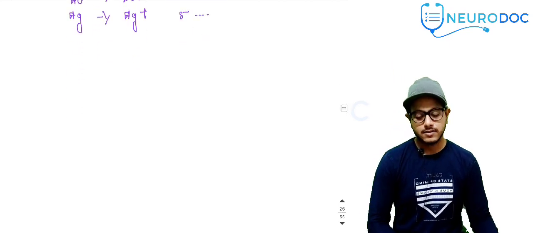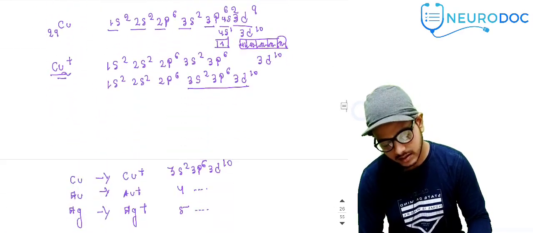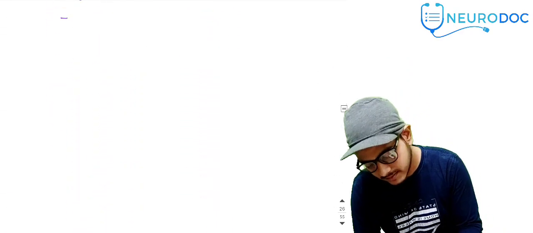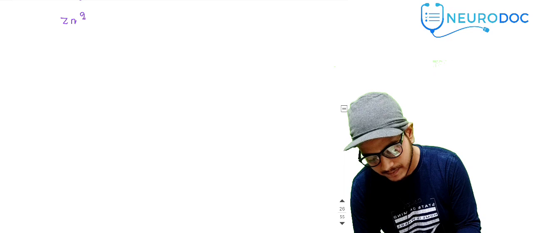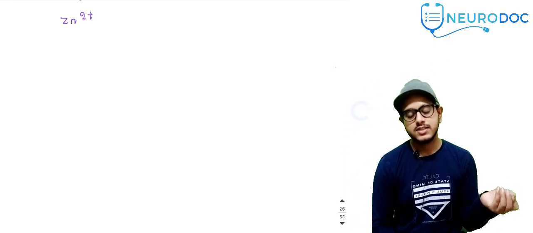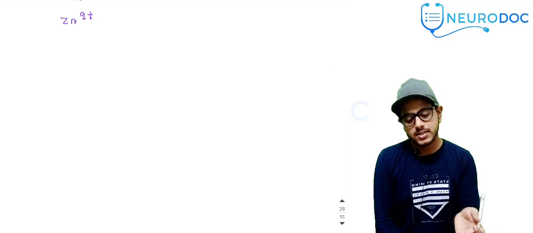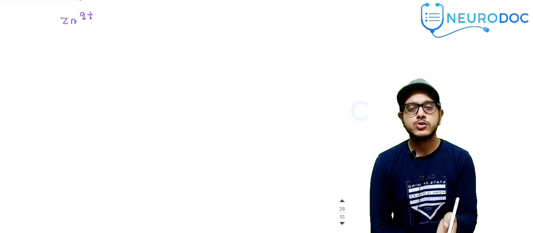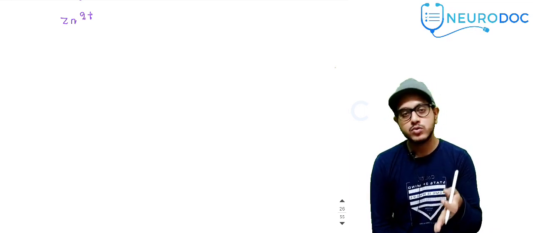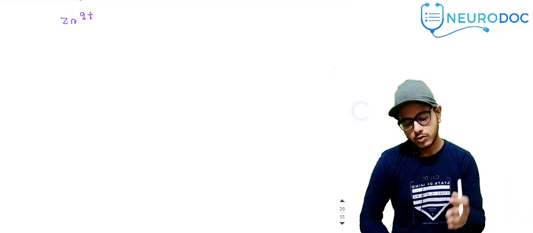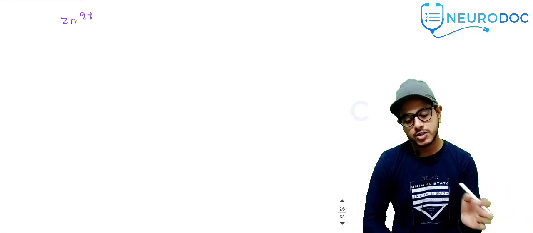Again I write Zn2+. You can make the electronic configuration of Zn2+. This is also 3s2, 3p6, 3d10. So this is also a pseudo inert gas configuration.